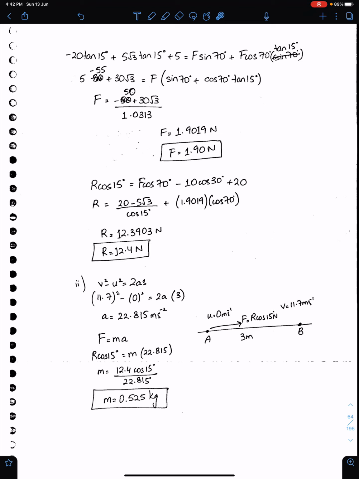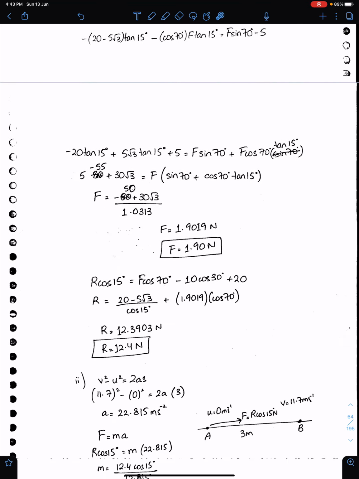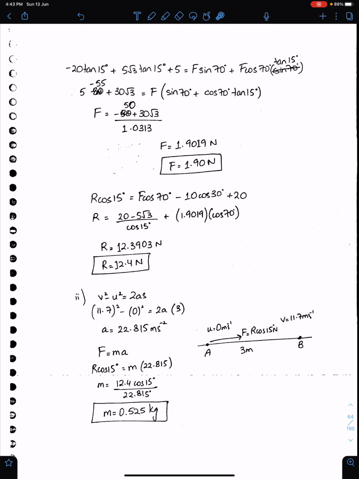Resultant force is R cos 15 equals mass times acceleration. So mass is 0.525. Because the bead is moving along the wire, you need to take sigma x of the resultant, the x component of resultant, because the bead is moving along the rod, along the wire.